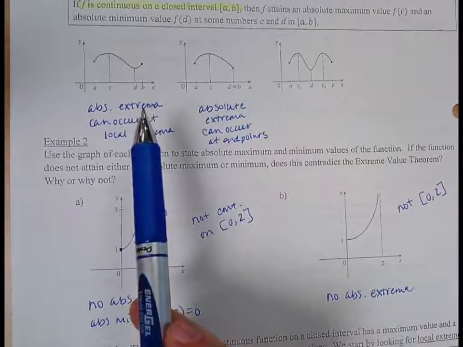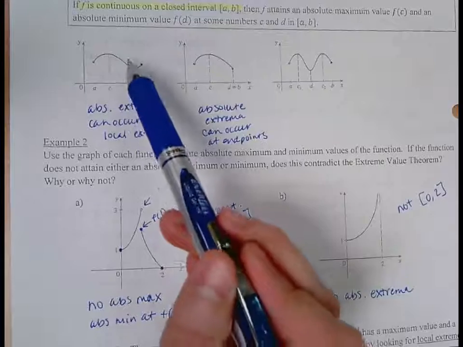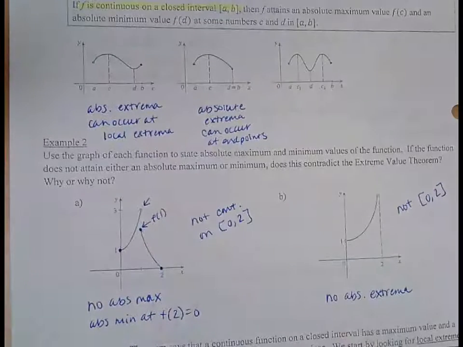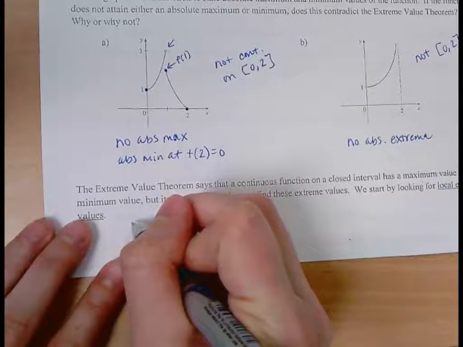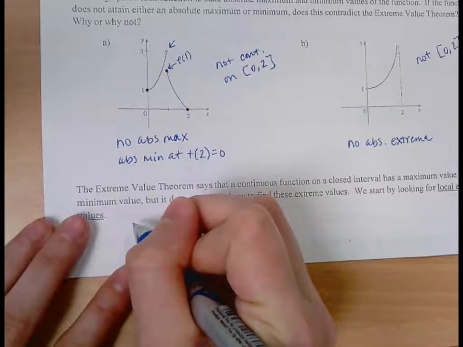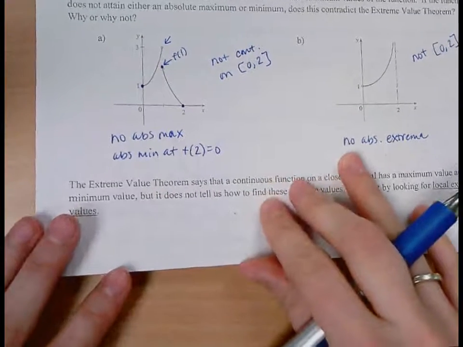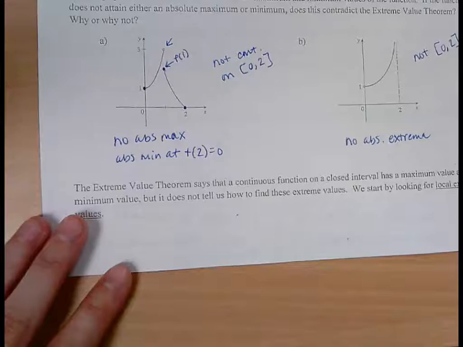Think of how you would use calculus to figure out where a local max and min would be. If I did not give you a graph, how would you determine where a local max or min could be? Okay, find where the derivative is 0, or find out where it doesn't exist.